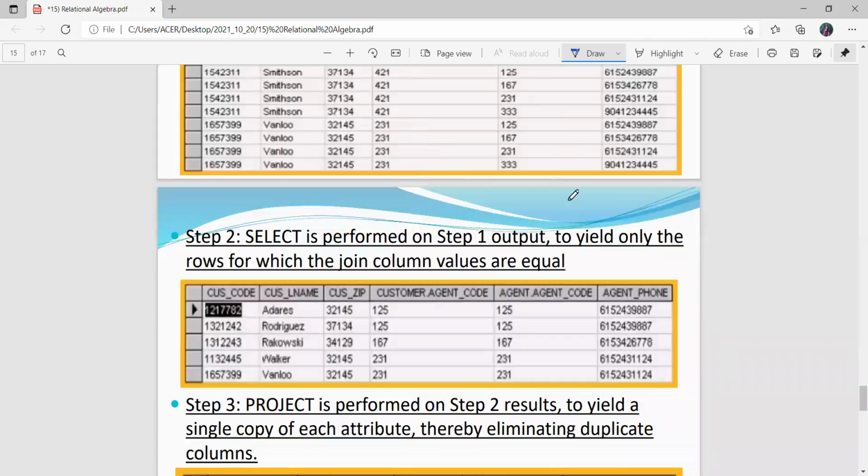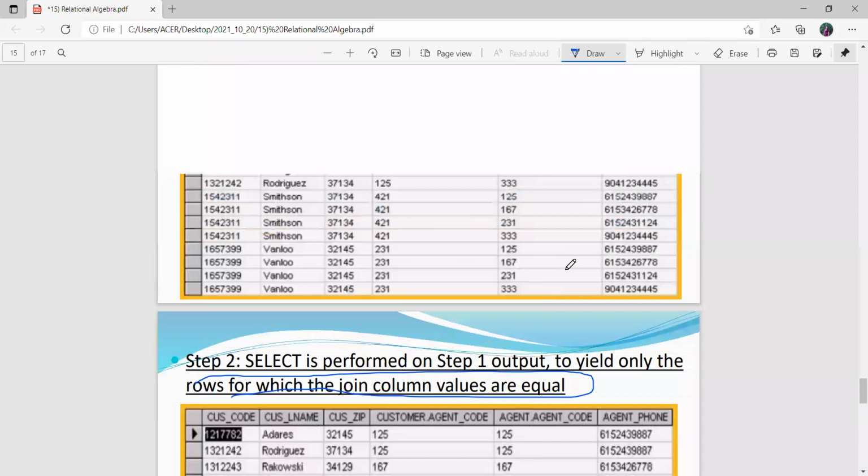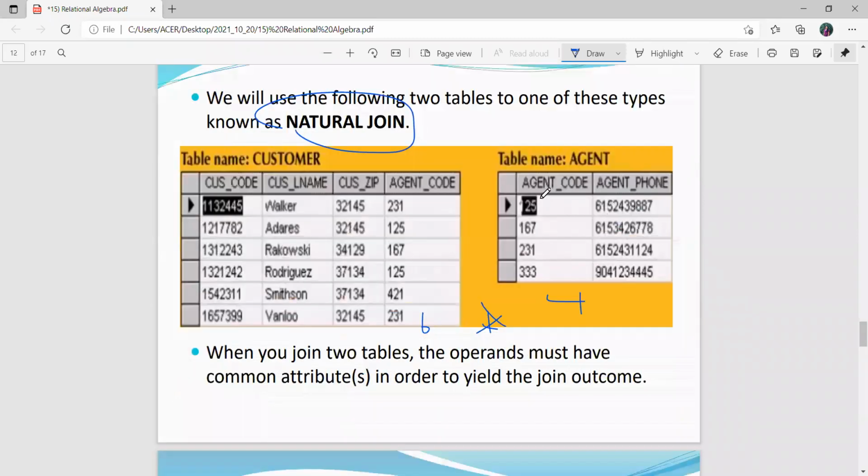Then you select only the rows whose join column values are equal. So in this case, you are going to find this 125. So you are going to find this one. What is the joining?